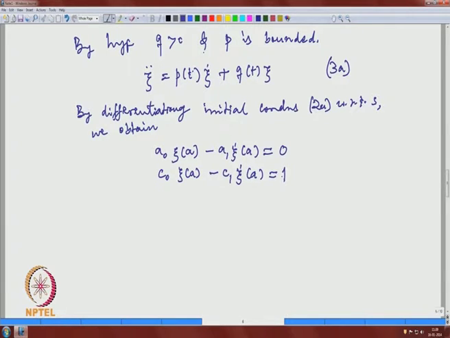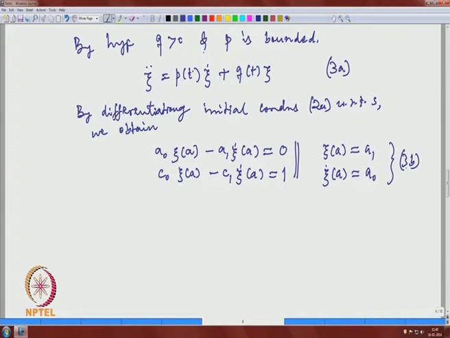So when I differentiate with respect to s, I will get 1. And by our choice of C0, you immediately see that if you solve these two equations, you get J a equal to a1 and J dot a is equal to a0. So let me call this 3b.